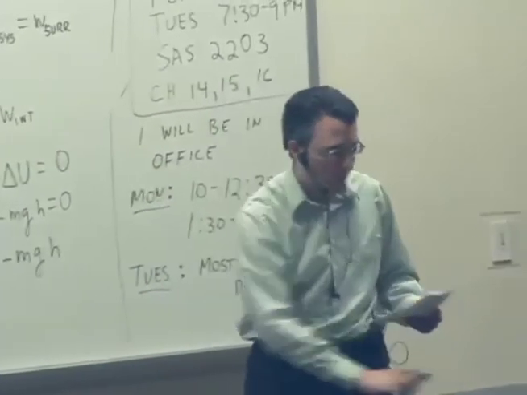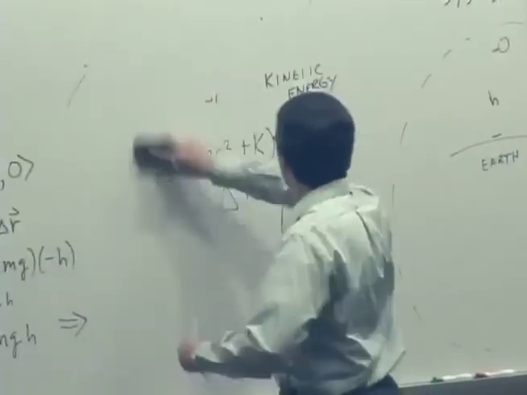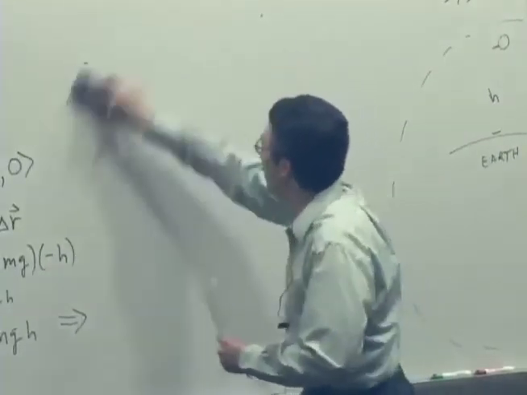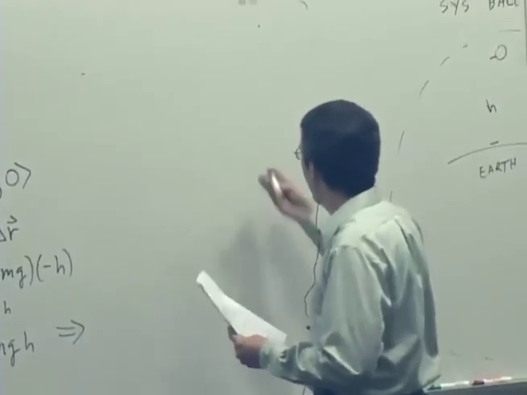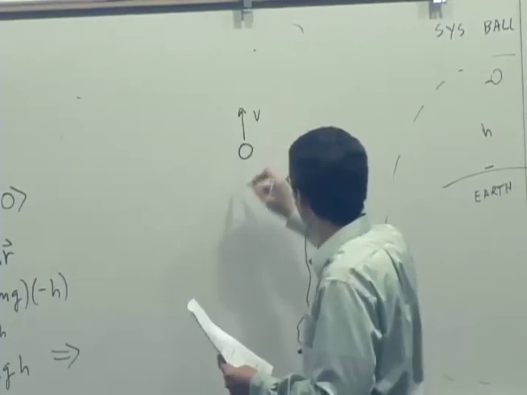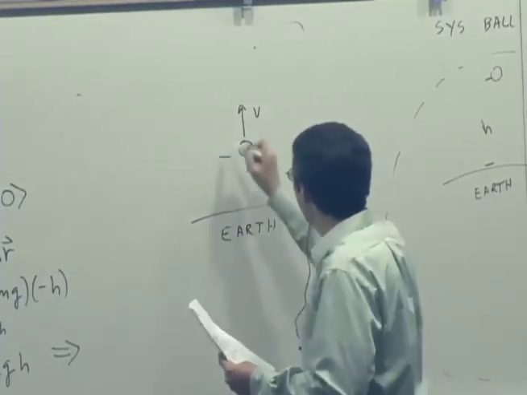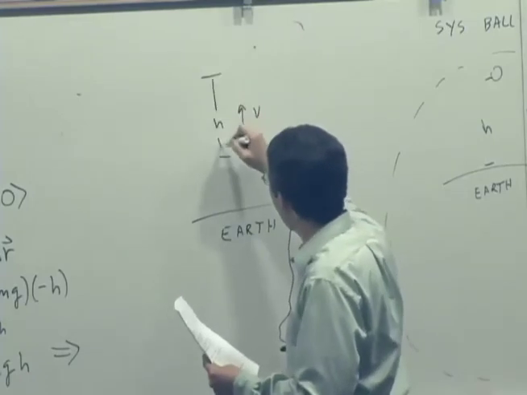What if we had a different situation? What if the ball was initially moving with some velocity in the upward direction, and it moves up some height h?